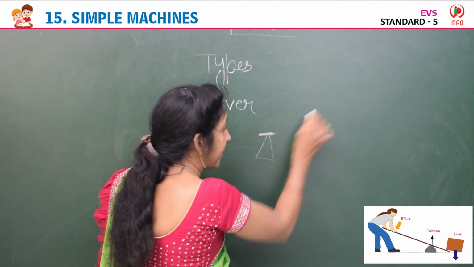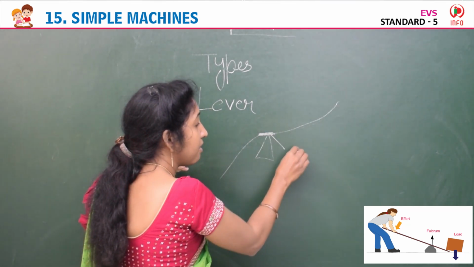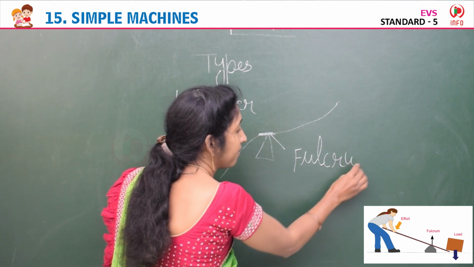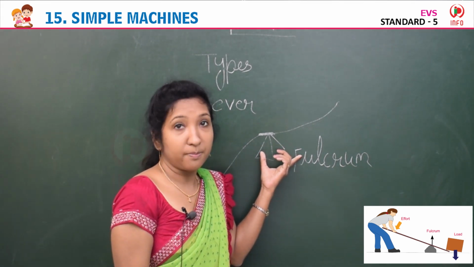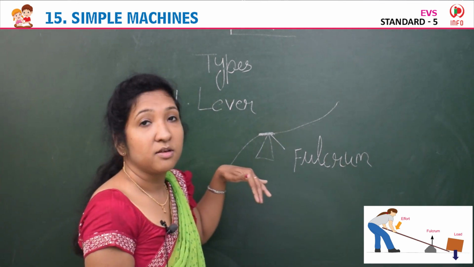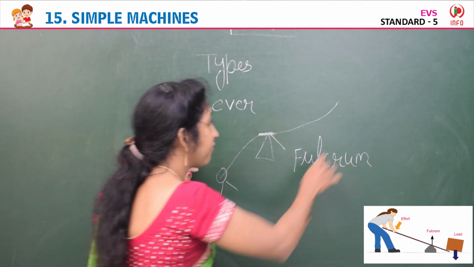There is a fixed point at the center of the seesaw. That fixed point is called nothing but fulcrum, F-U-L-C-R-U-M. And the force you applied to lift your friend, you are here, your friend is here.